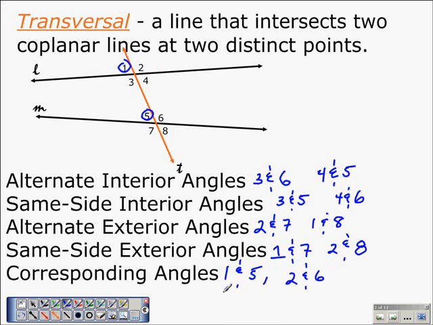Angles 3 and 7. And finally, angles 4 and 8. And you also notice that there are four pairs of corresponding angles, whereas the other types of special angles, when two lines are crossed by a transversal, there are only two pairs.